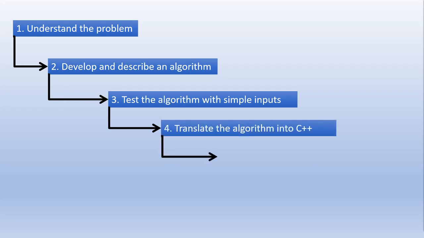Once you've played around with the algorithm and you have an idea of how it works and how it would work with different types of input, and you've thought that through and made sure you know what inputs you're going to use, you're at the place where you can take the algorithm and apply it to your C++ code.